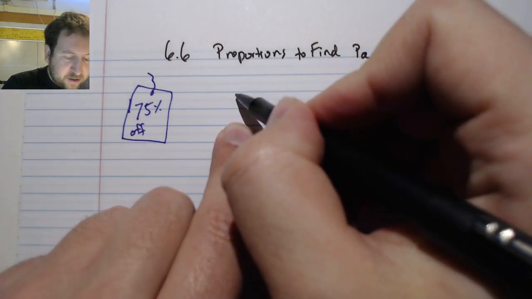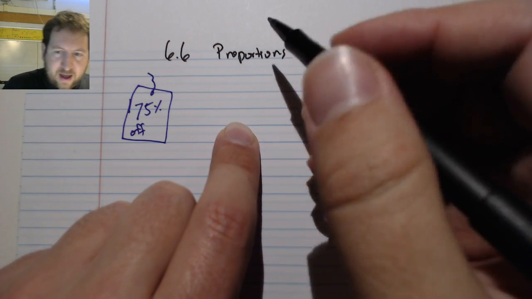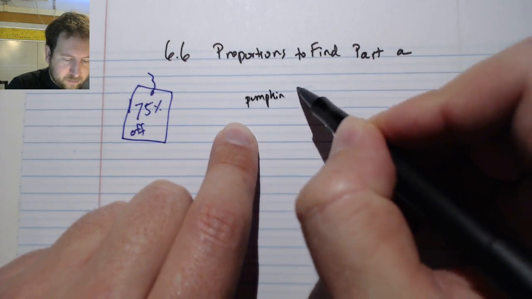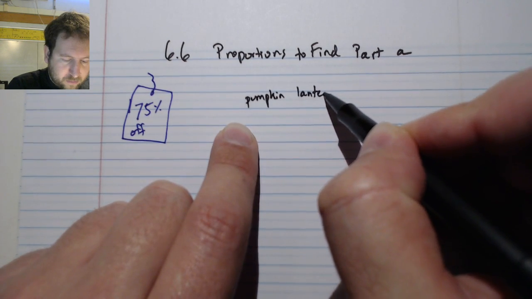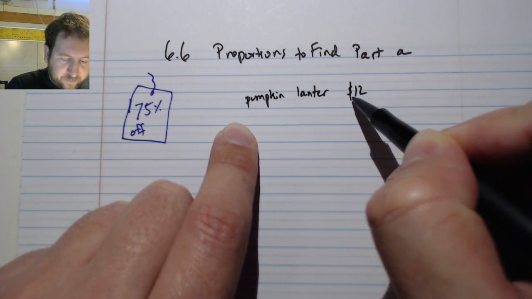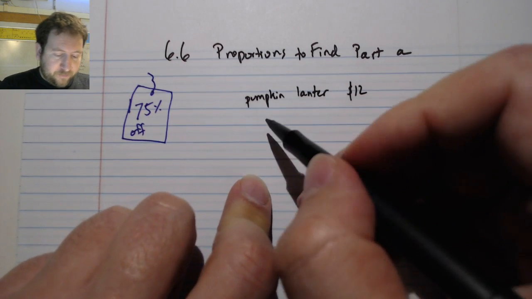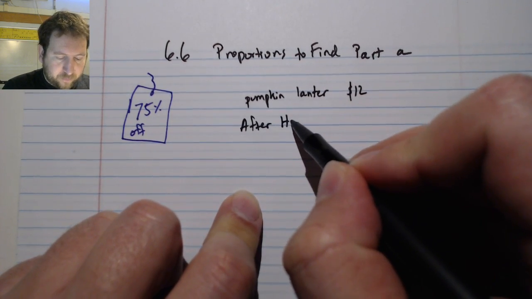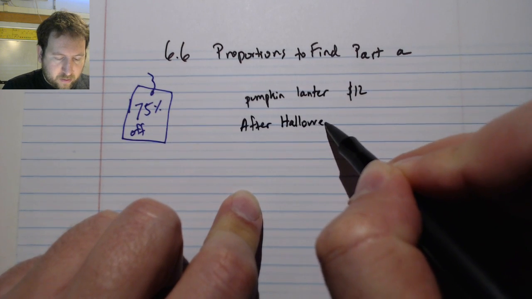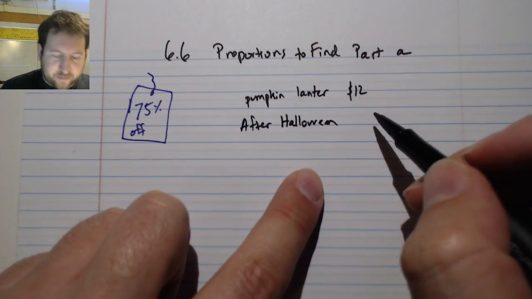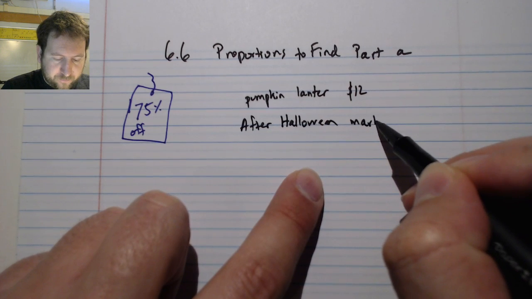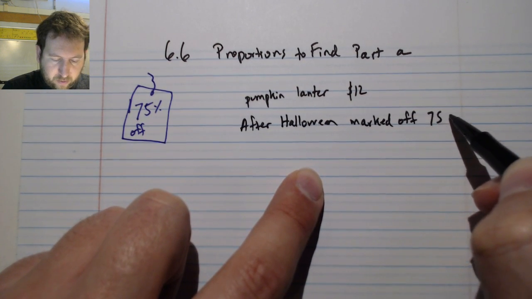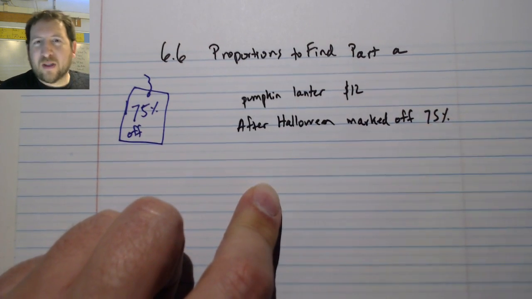So for our example, say there's a pumpkin lantern, and it is $12. But the day after Halloween, it's marked off 75%. What's the price?